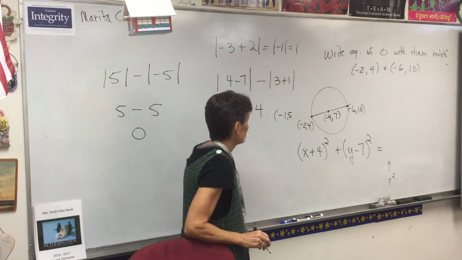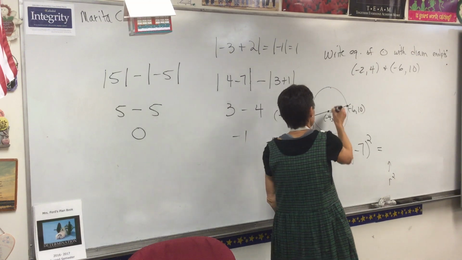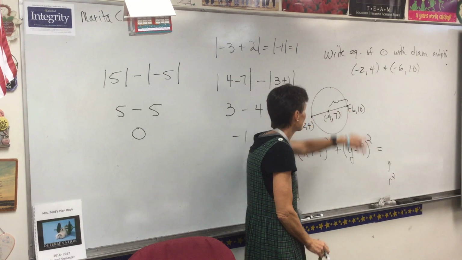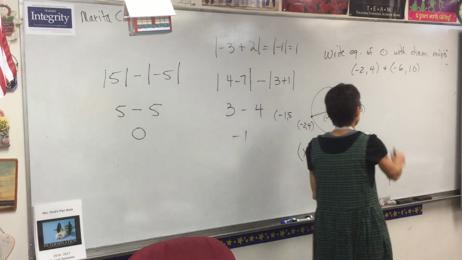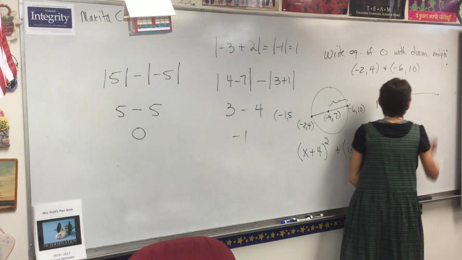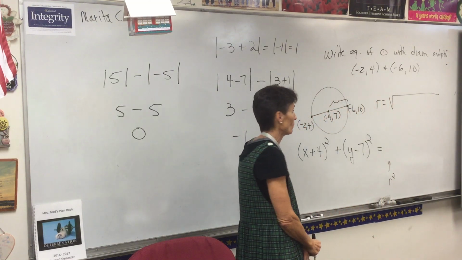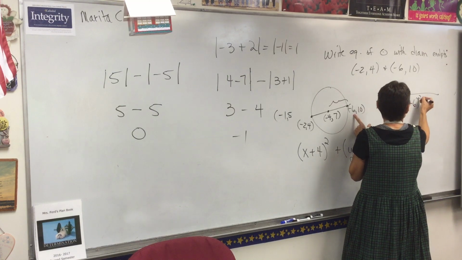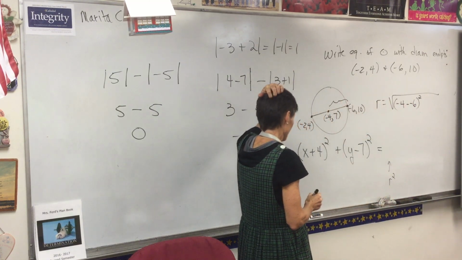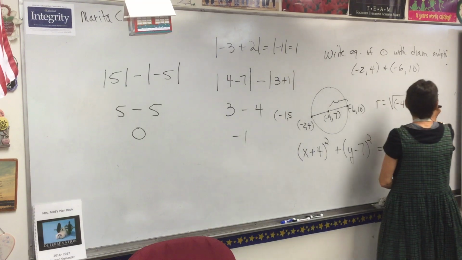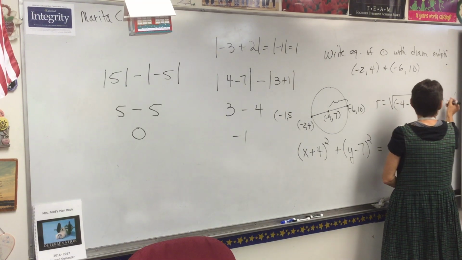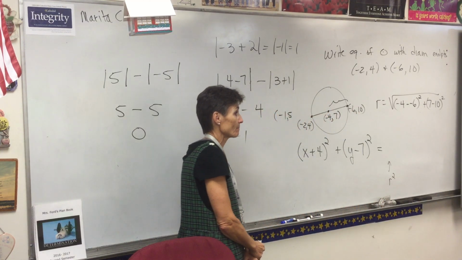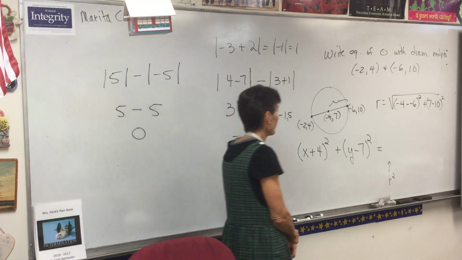So now we need to find the radius. Everything's got negative, so it doesn't matter. I guess I'll just find this again. You can find either side. So to find my radius, I need my distance formula, which is the big radical thing. So -4 minus -6 plus 7 minus 10. And don't forget those are squared. So I subtract my x's, subtract my y's.